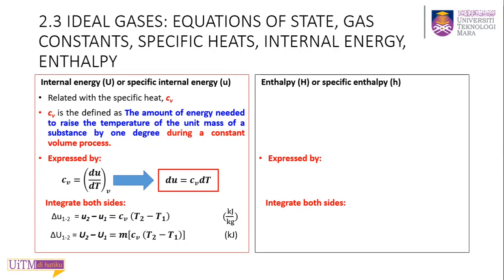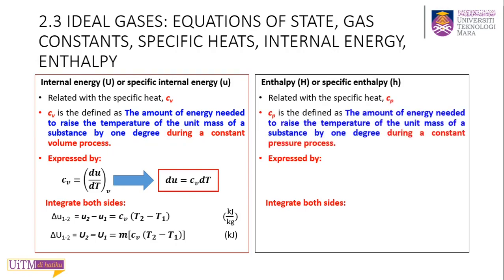Now let's look at enthalpy. Enthalpy is related to the specific heat Cp. On the screen right now is the definition for Cp. It is very similar to the definition of Cv, only that at the end of the sentence, it is now a constant pressure process.